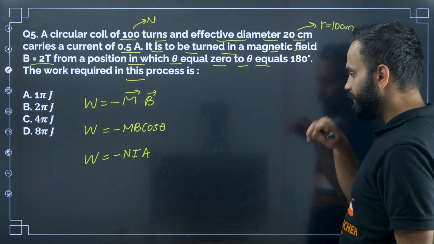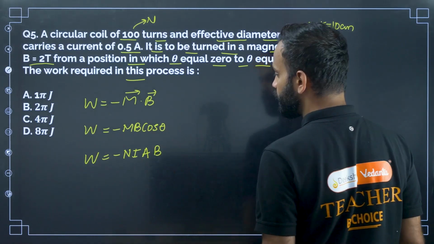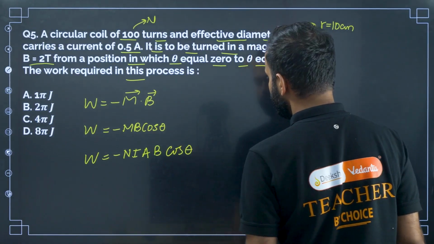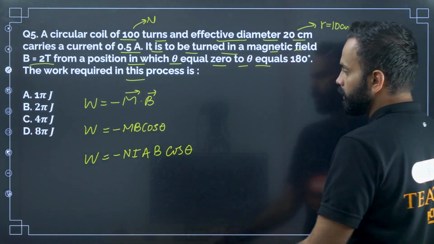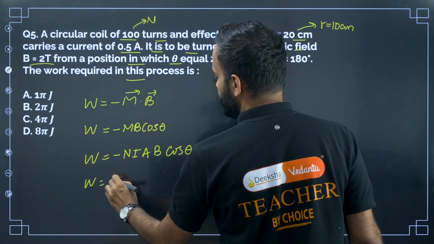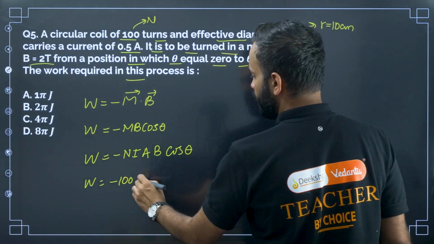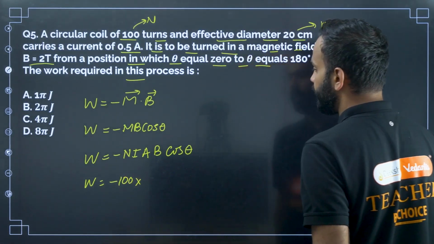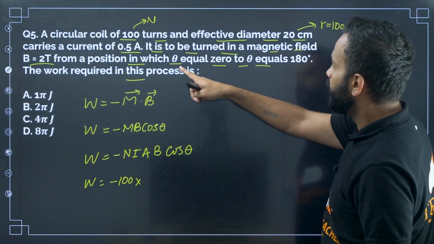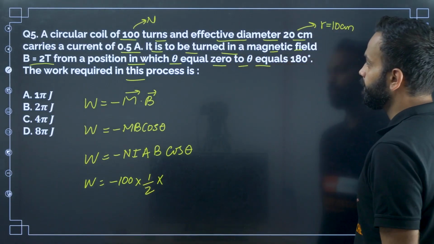N into I into A into B, B is the magnetic field, into cos theta, right? So now W is equal to minus of 100 into I. What is the value of I? 0.5 ampere, that is 1 by 2, into A, right?